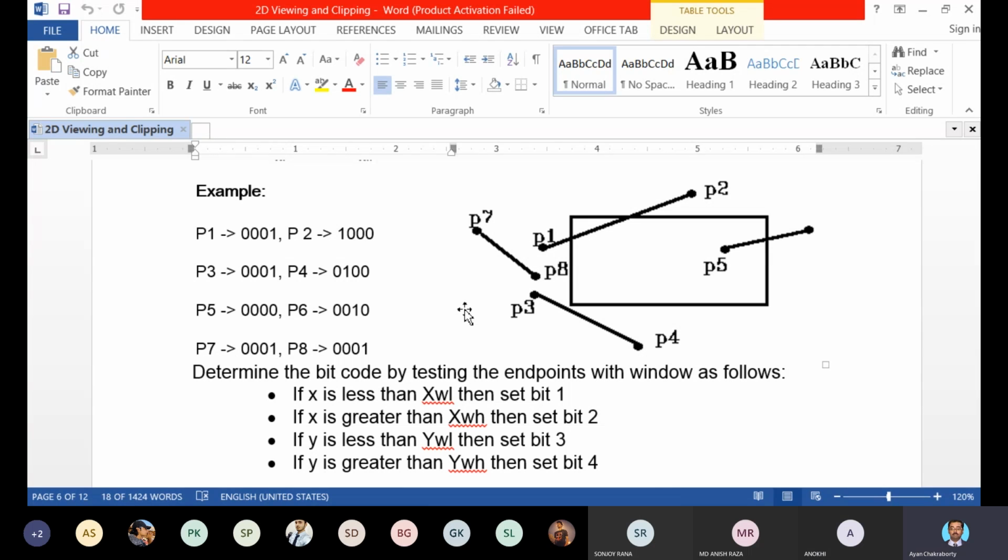So the mathematical expression of this logic is: if x is the coordinate of any end point of any line, and y is the coordinate of any end point of any line, then the logic will be: if x is less than xwl, then set the first bit as 1.